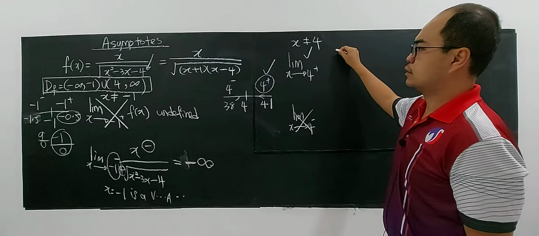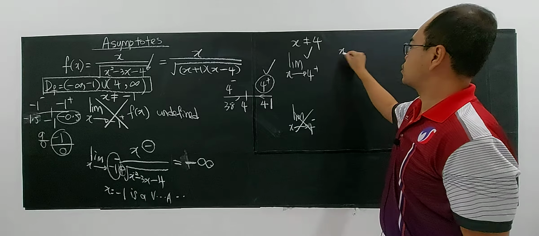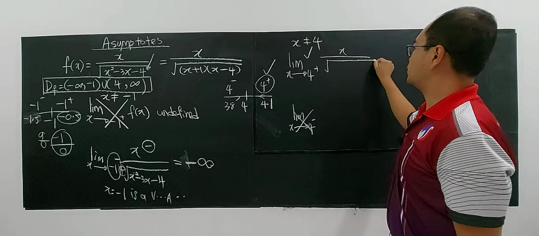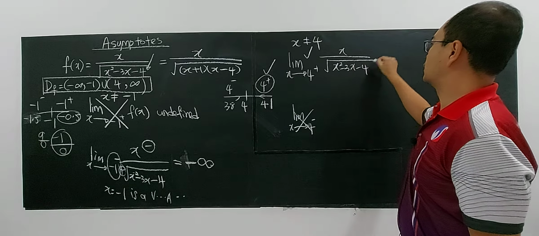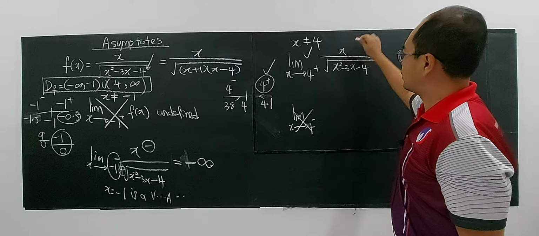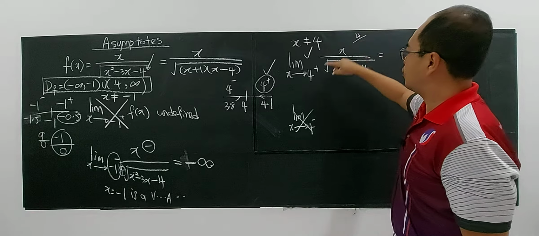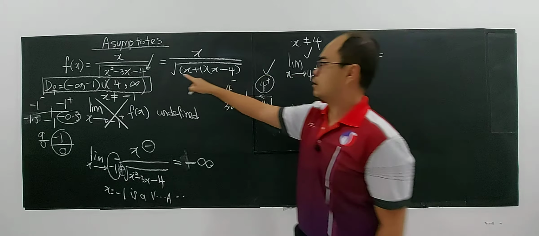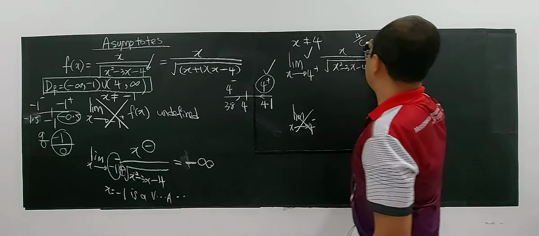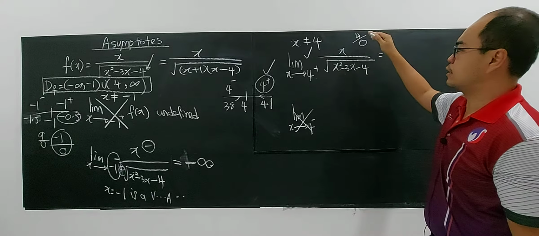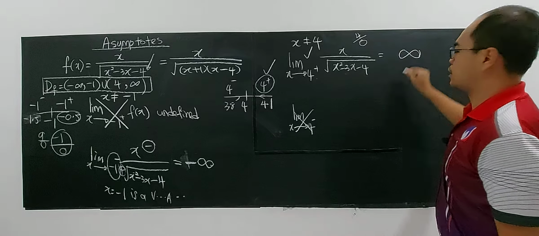So 4 plus. You have x over the square root of x squared minus 3x minus 4. As you substitute the value, the one-sided limit approaching 4, as you put 4 here, you will get 0. So a number divided by 0. This type of case, the limit always produces infinity.